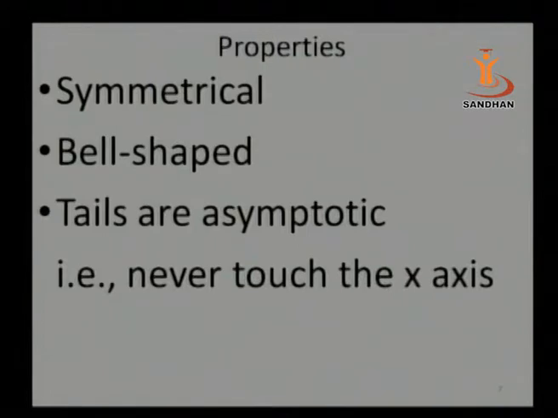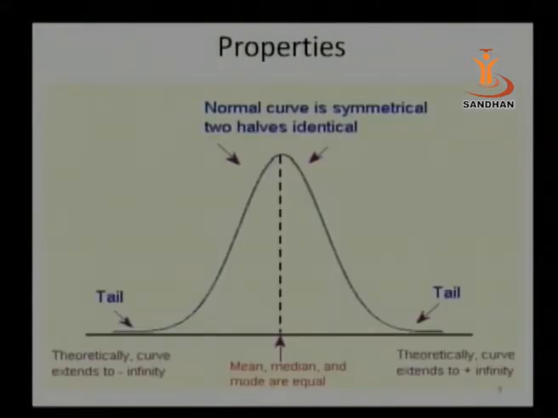Let us discuss some properties. The symmetrical property means the normal curve is symmetric about its mean, which is clarified by this pictorial view. Here you can see that mean, median and mode are equal and located at the same point.